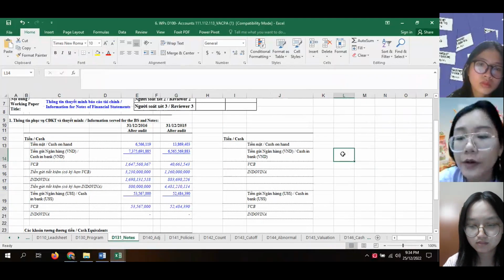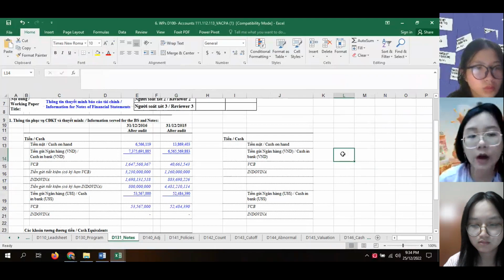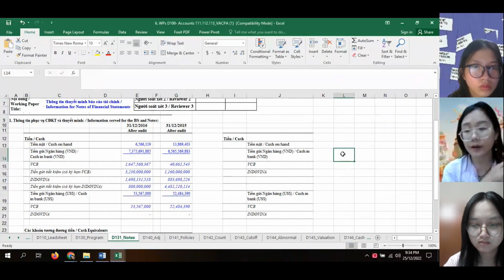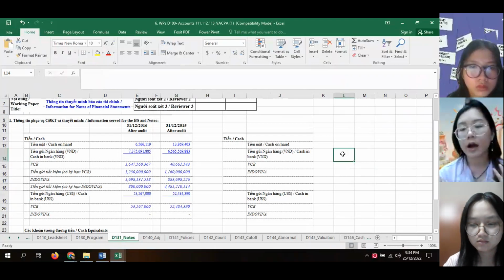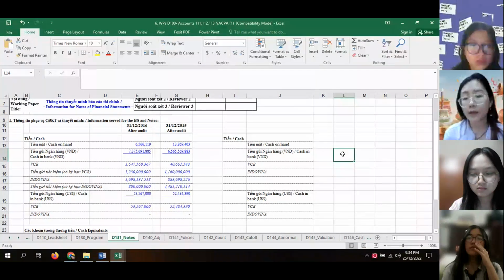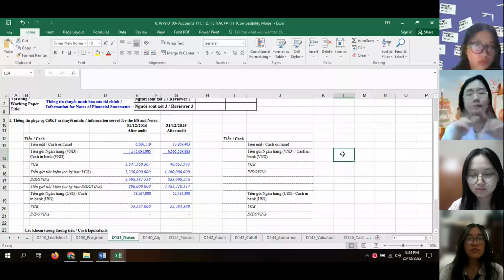So we also need to prepare the information for the notes to the financial statements, so that we put the numbers into the financial statements. Because this company has a prior audit company, we just write and follow the financial statements like the prior year.